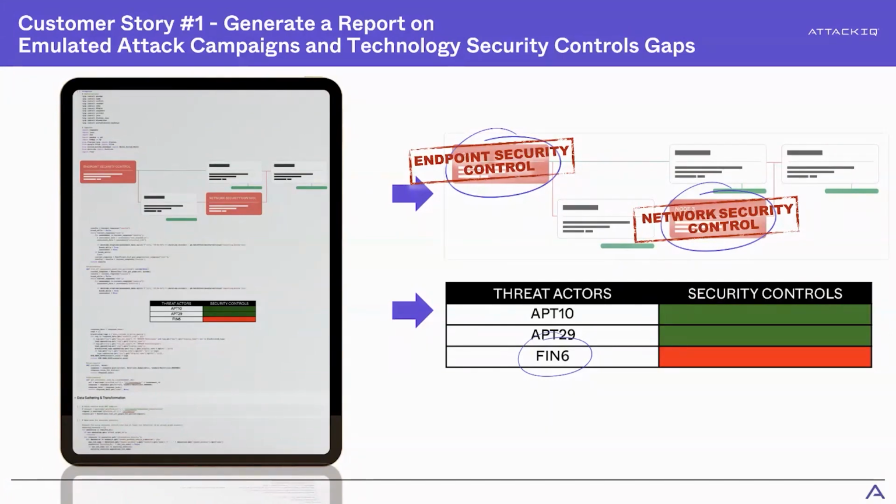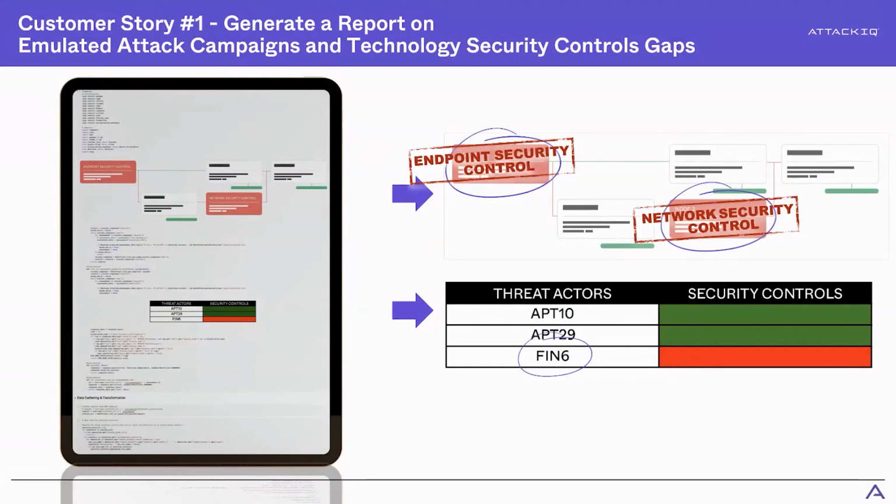And so the question this security team had was, if we exercise adversarial behavior in the form of an attack campaign, end to end, several techniques chained together as an adversary would act, along the way, when would our endpoint security control get triggered? Would it detect that behavior? Would it prevent that behavior? Would our network security control detect certain behavior, prevent that behavior? That was the question. And then how can we actually communicate that?